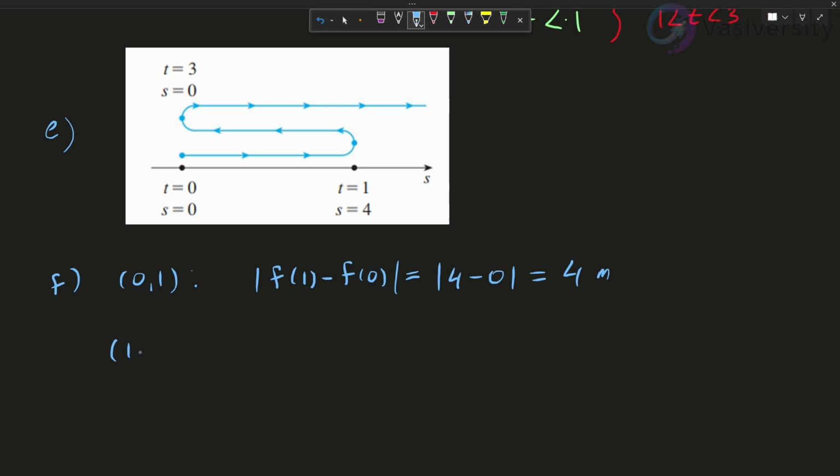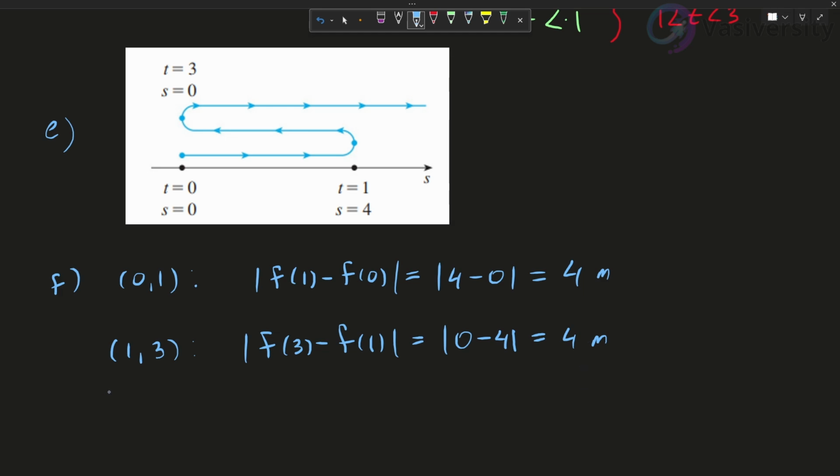Then the interval between 1 to 3. We will have the distance f of 3 minus f of 1, so that's equal to 0 minus 4, which is equal to 4 meters in magnitude.